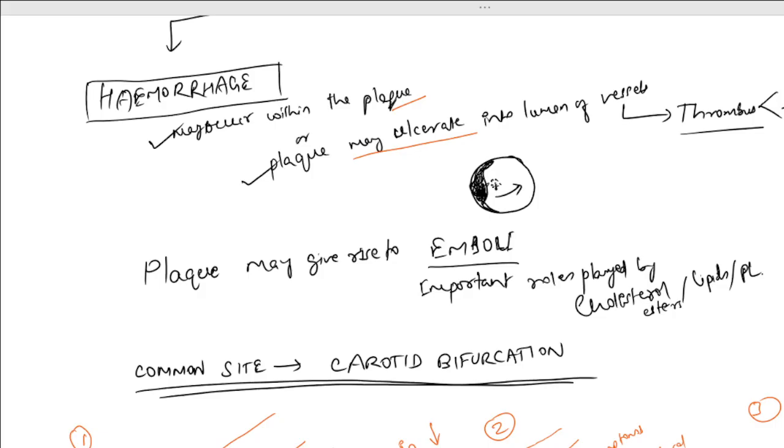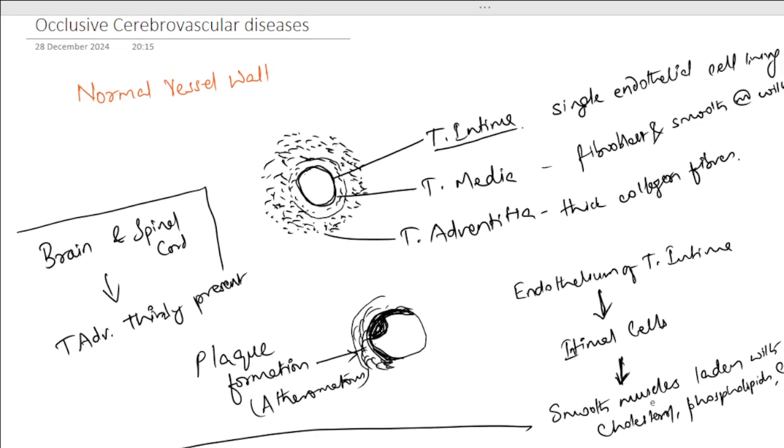So very simple, you know about the blood vessel cross section, right? What I said, inside the brain, this is not the same. Inside the brain or spinal cord, so basically CNS, tunica adventitia is thin, it's a single layer present. So that's how the structure is different in brain compared to other parts of the body.